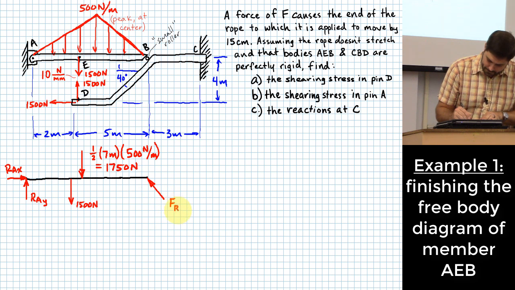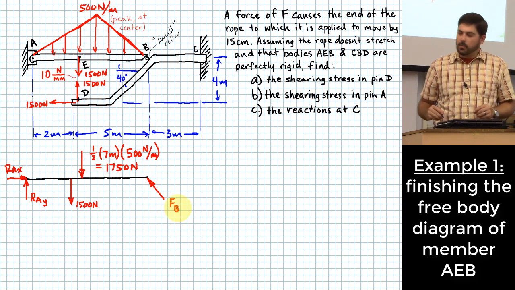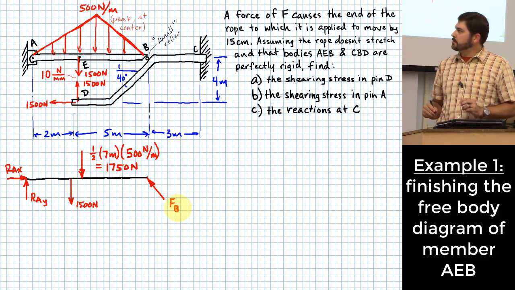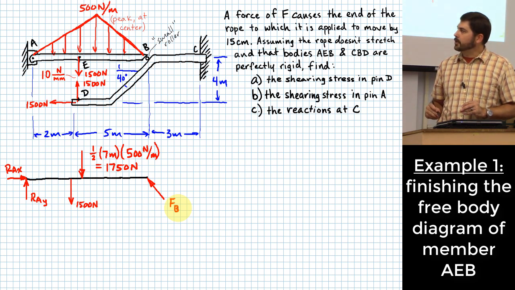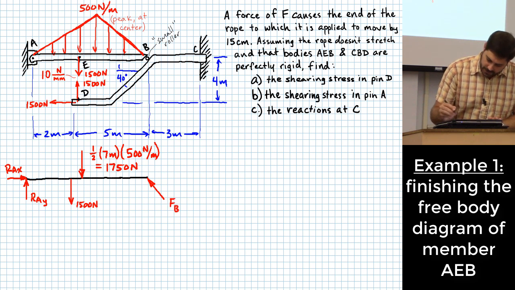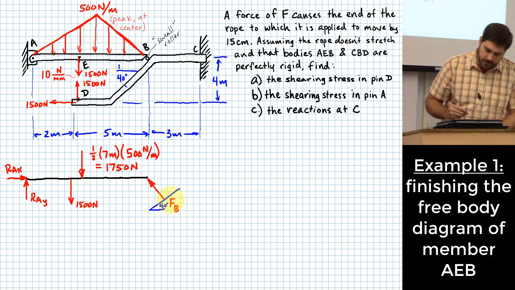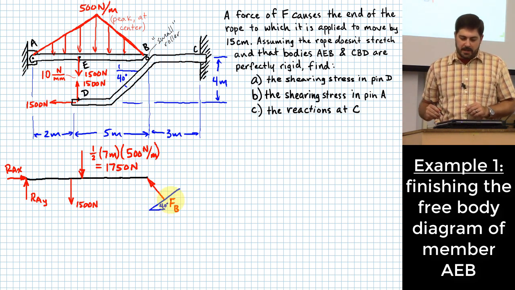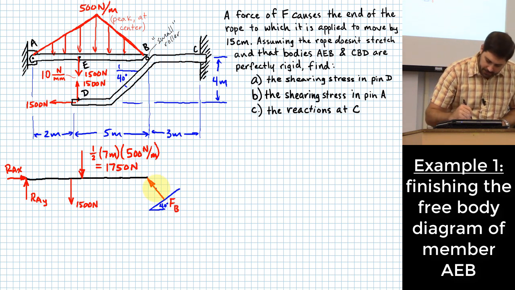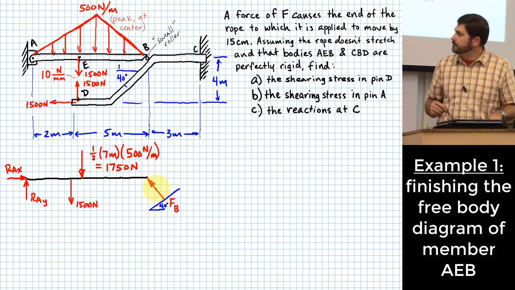What else do we know about that force? What we notice here is that the force is going to be perpendicular to this line, and this line is elevated from horizontal by 40 degrees. What does that mean in terms of the angle for the force itself?